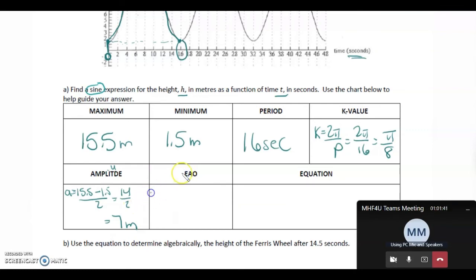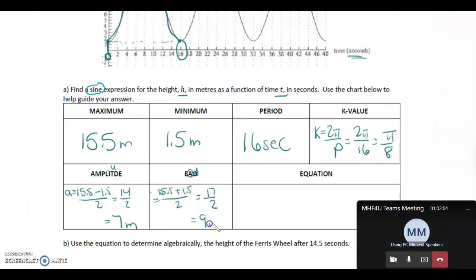And then the equation of axis is going to be the 15.5 plus 1.5 divided by 2. If you think about the equation of axis, it's actually the average. So you're looking at like the middle point. So I get 17 divided by 2.